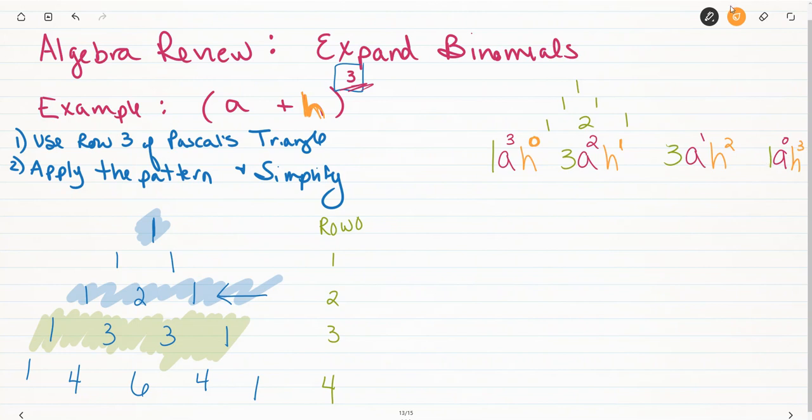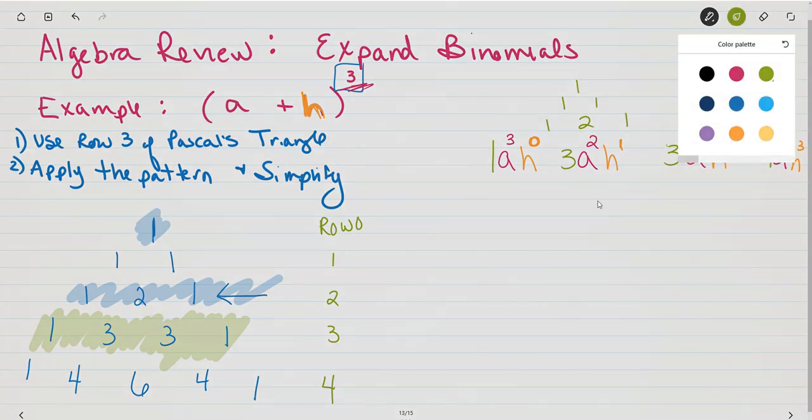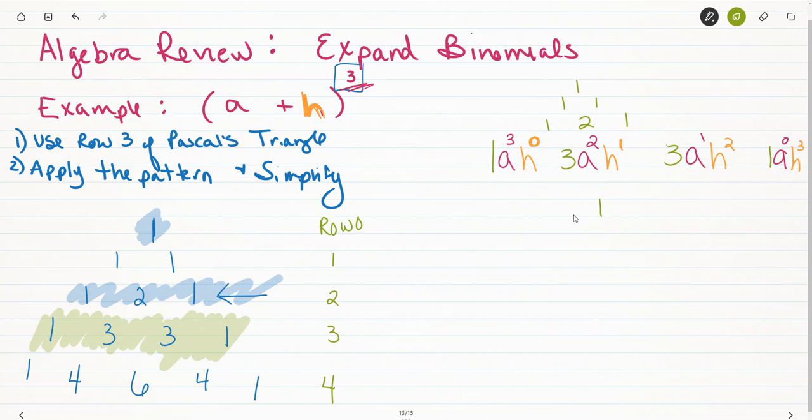Let me review that process one more time to make sure I've got everyone. I start with the 1, 3, 3, 1. What I'm going for is row 3 of Pascal's triangle. It's row 3 because this exponent that we're raising the binomial a plus h to is a 3.